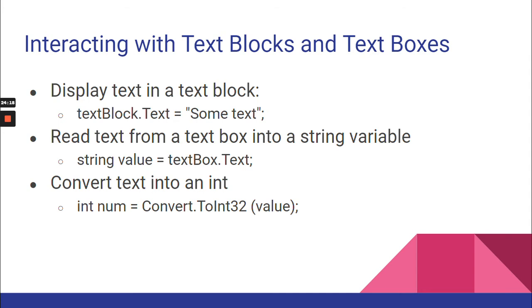So we want to take what someone typed and convert it into an integer. We have to run it through this function called Convert.ToInt32. And so you can put a string value here, in this case it's named value, and it's going to run it through some code to take that string and convert it to an integer, a whole number integer, and we're going to store the resulting value into an integer variable called num.